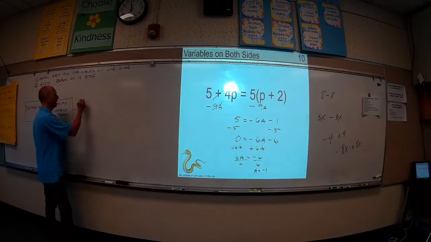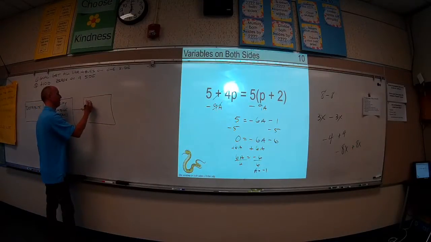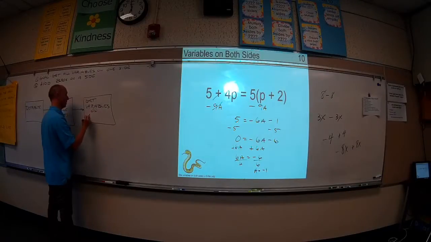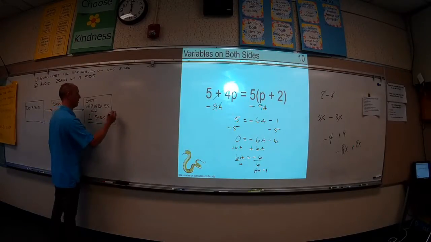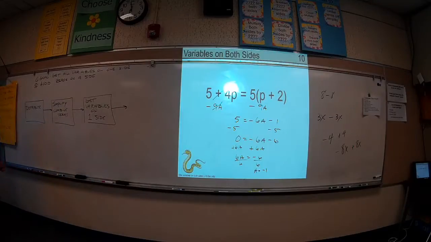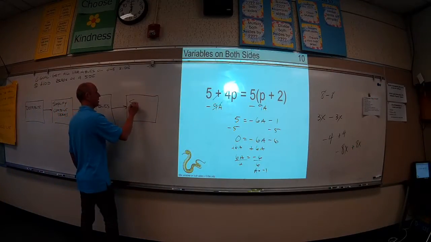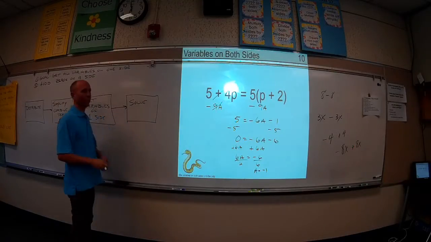Then get stuff on one side. And then at that point, you're left with a two-step equation, and you're just going to solve it using basic rainbow poster. So get variables on one side, and then solve it. Take it the rest of the way.